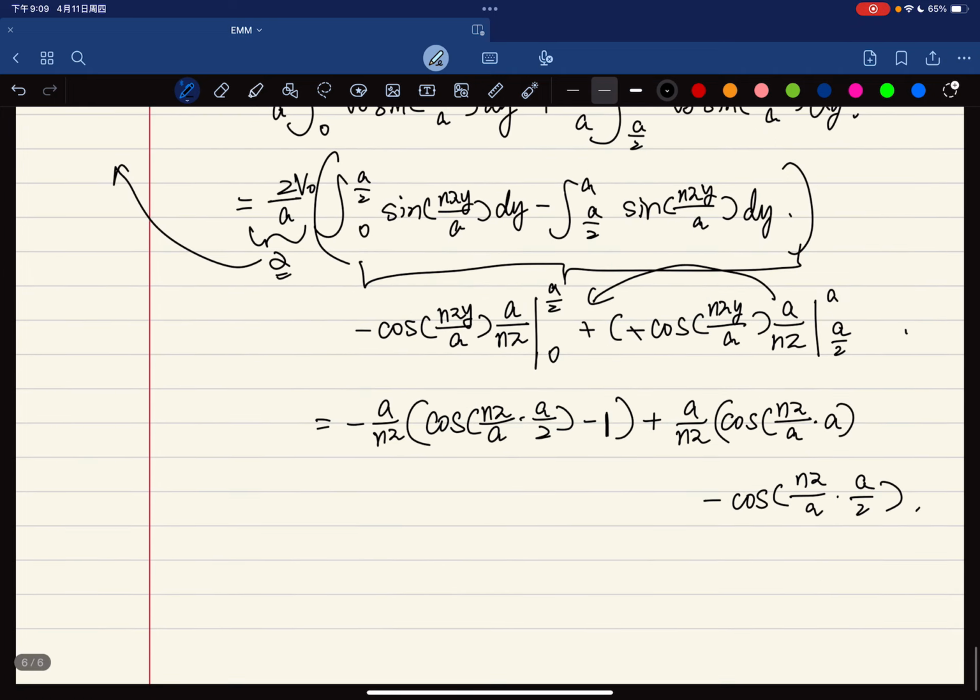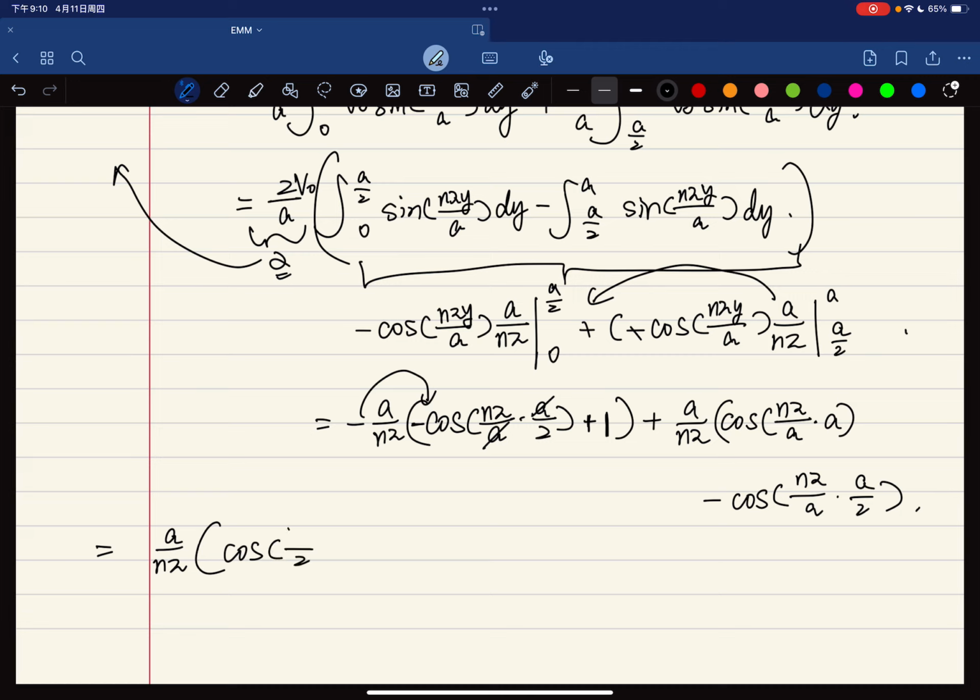Okay, so let's simplify this. This cancels, this becomes, okay, let's move the negative sign inside because this makes the form better, because in this way I can extract the constant.